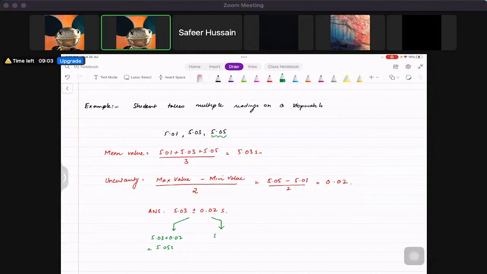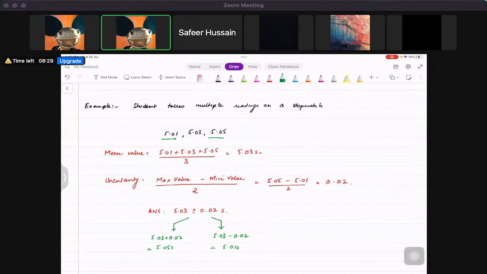When you subtract 0.02 from the mean value, you're going to get 5.01. So this will let me know that the lower limit of your readings is 5.01 and the upper limit was this one, and the mean value was 5.03. Is it clear, everybody? Any questions? Yes, sir. Okay, so this is how it is dealt with.